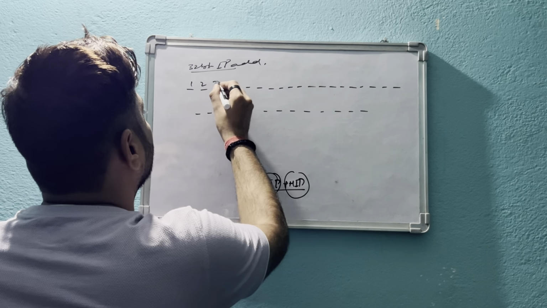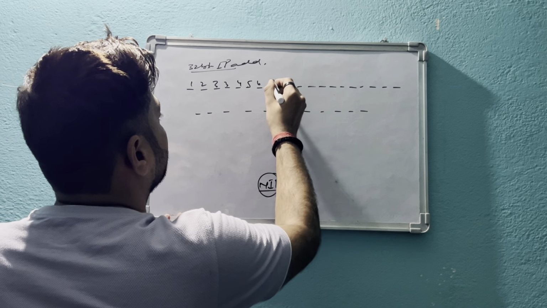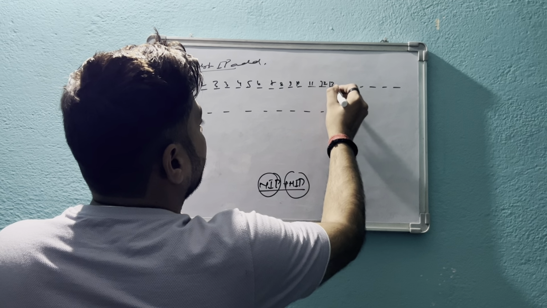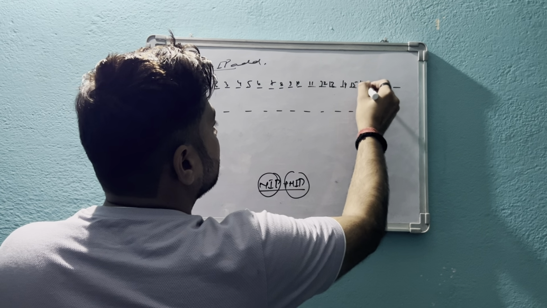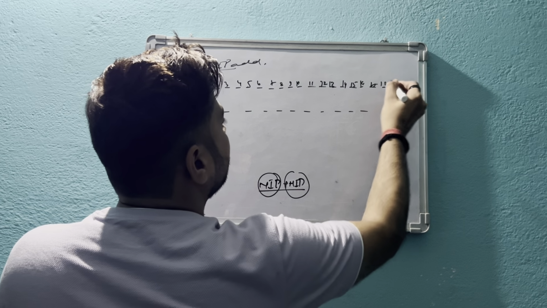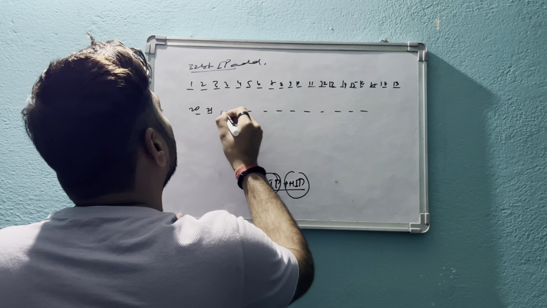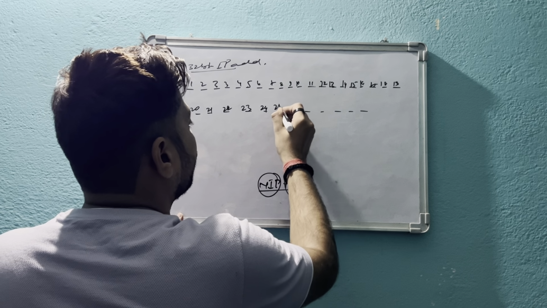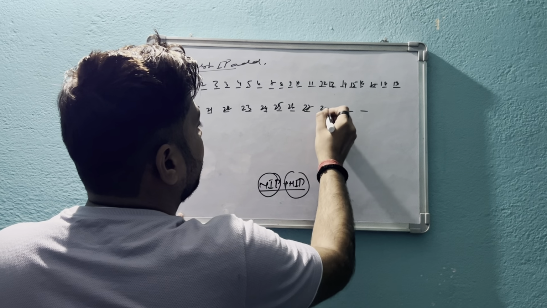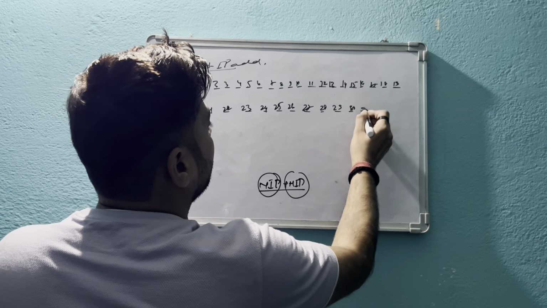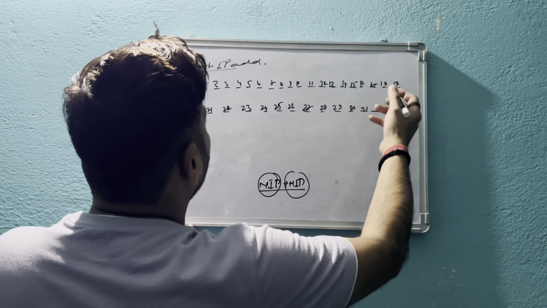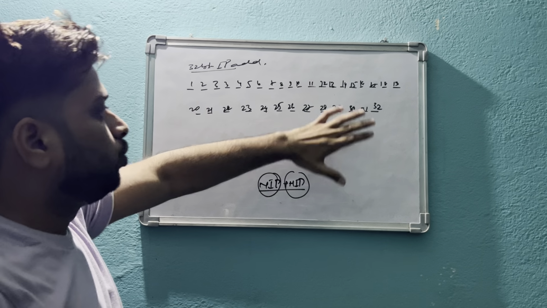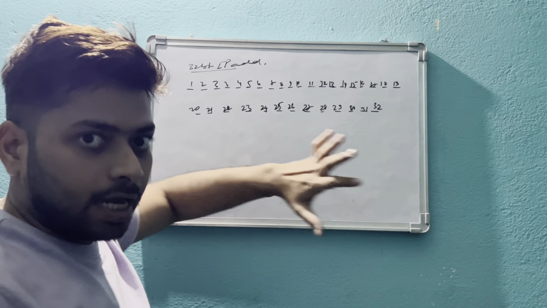So let's say it is first, second, third, and so on up to the 32nd. So these represent the 32 bits of an IP address.